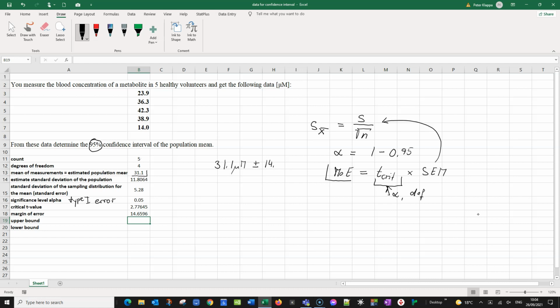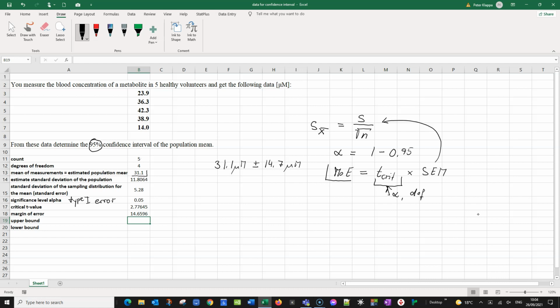Now we need to be careful with the decimal places. Here we've got only one decimal place, therefore it is apt to round this margin of error also to one decimal place, so to 14.7 micromolar.